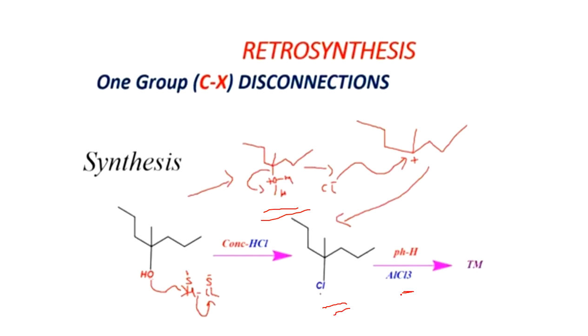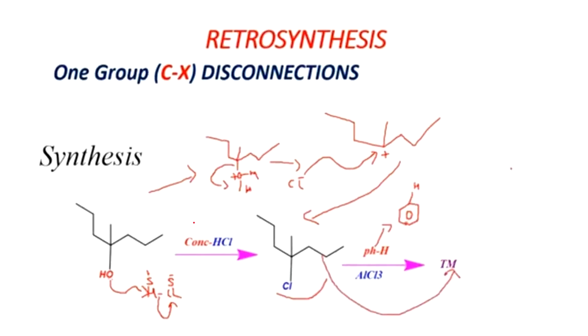After that comes the acylation reaction, and we get our target molecule. In the same way, the leaving group leaves, Cl minus attacks the carbocation, forming the carbon-Cl bond. Then in the last step there is an acylation reaction.